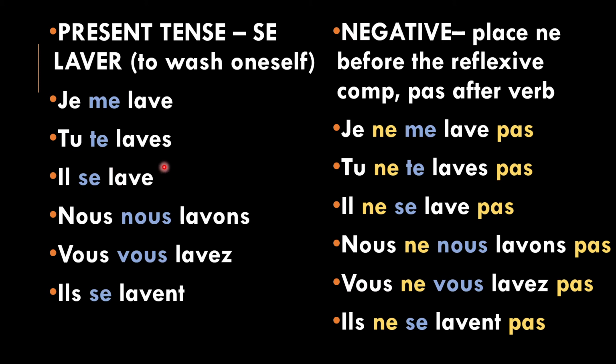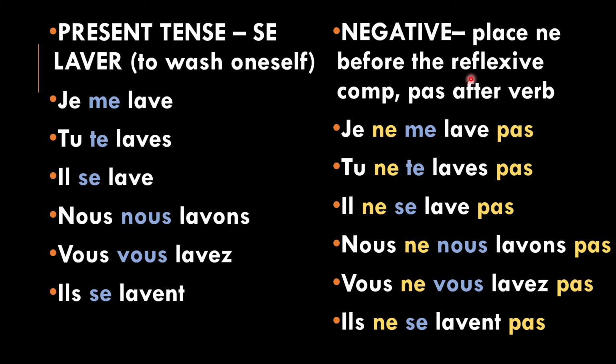Now, what happens when you want to do a simple present tense, but in the negative version? This would be the affirmative. What happens if you want to make a simple present tense in the negative with a reflexive verb? You have to place a ne before the reflexive component and pas after the verb. If you are dealing with a normal verb, you would put ne before the verb and pas after the verb, right? But now you are not doing that.